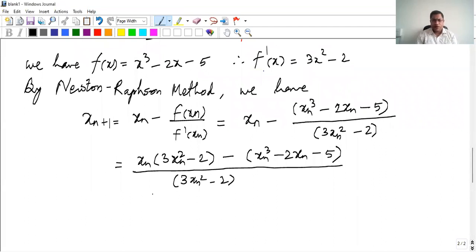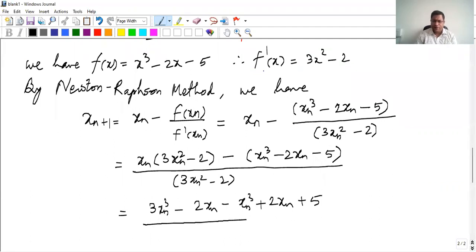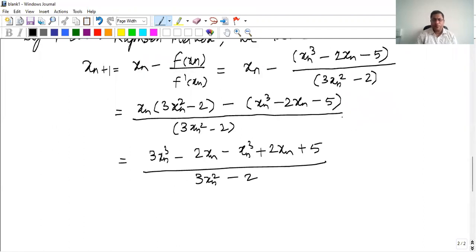Got it. Now simplify this. So this is equal to 3xn cube minus 2xn minus xn cube, minus minus 2xn, and minus minus plus 5, over 3xn square minus 2. Is that okay? Yes.